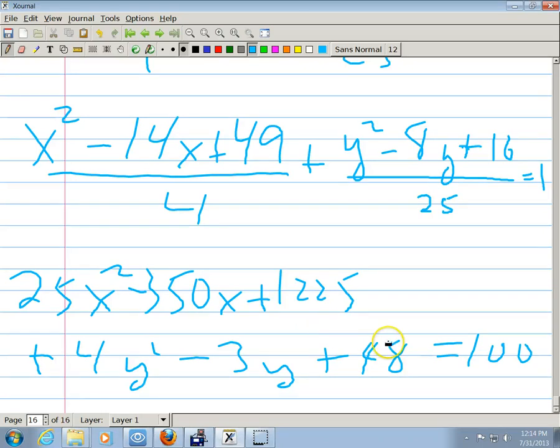Also notice there's a constant 1225 here, a constant 48 here, but I want 0 here. What do you do with 100? Subtract, right? So 1225 plus 48 is 1273. Minus 100 is 1173.